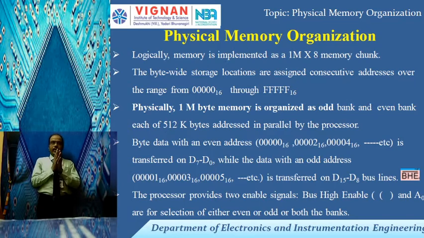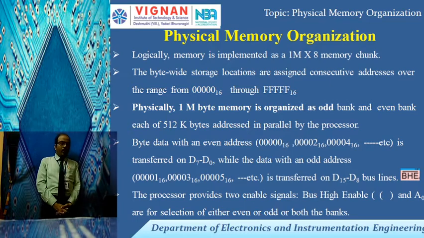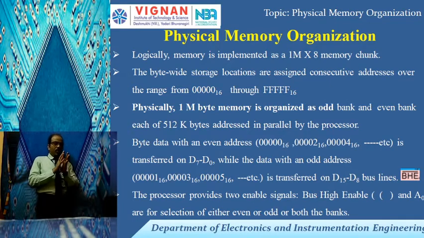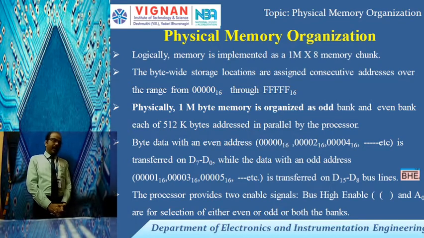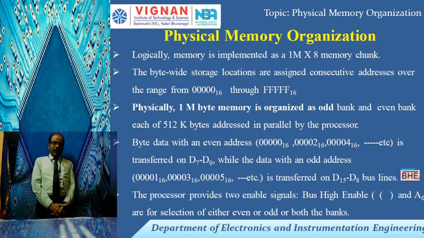Physically this 1 megabyte is 1024 kilobytes. These 1024 kilobytes of memory locations are divided into two banks, called the odd bank and the even bank, each having 512K bytes, addressed in parallel by the processor.